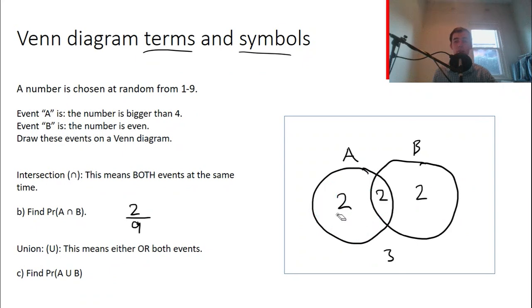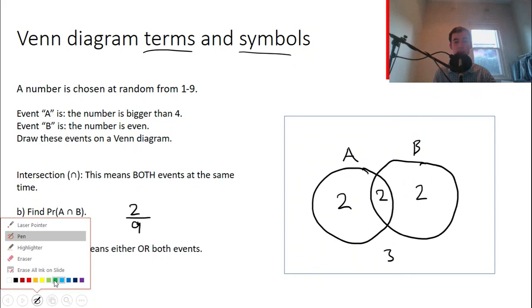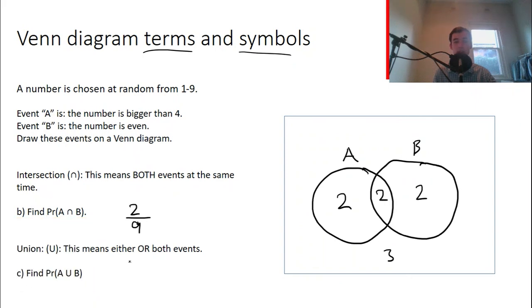So if we're trying to find the probability of A union B, you have to add up all of these numbers. So 2 plus 2 plus 2. That's six outcomes in this section. And that means the probability of A union B equals 6 over 9.